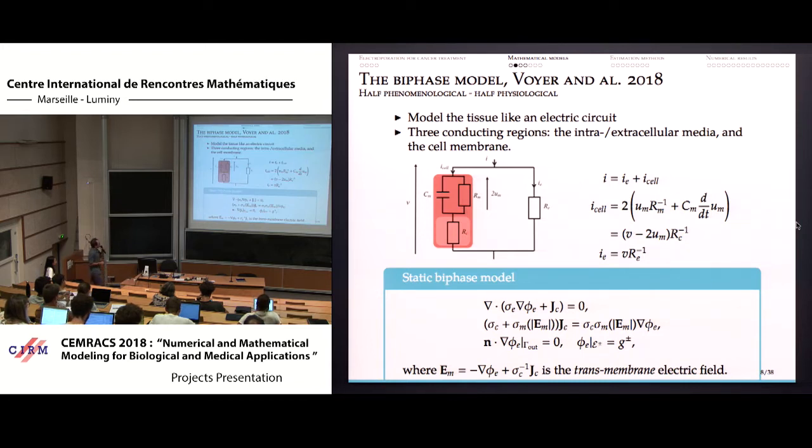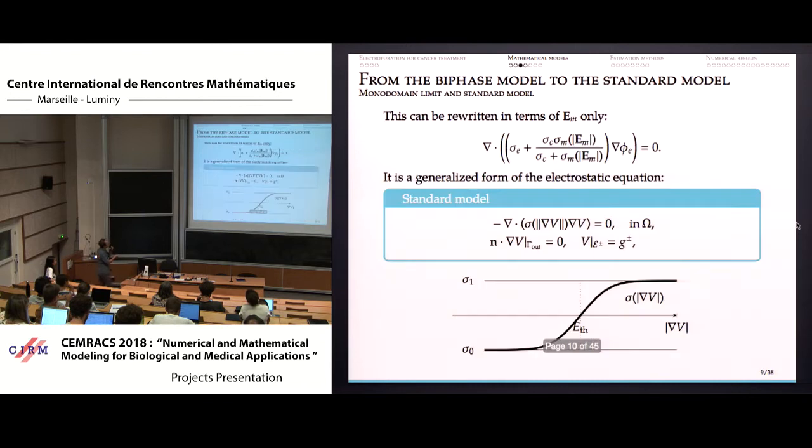Starting from this model, we can write everything in terms of E_M and phi_E, and we can rewrite the model like this. We get a kind of nonlinear Laplace equation, I would like to say, where if sigma_M is a sigmoid, this is also a sigmoid.